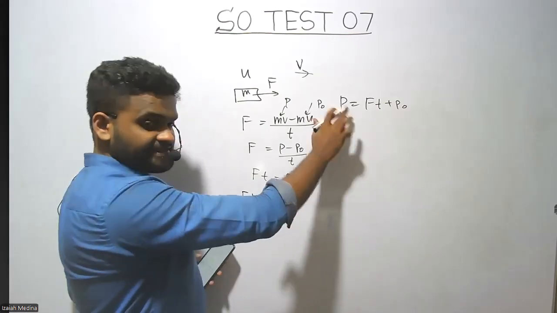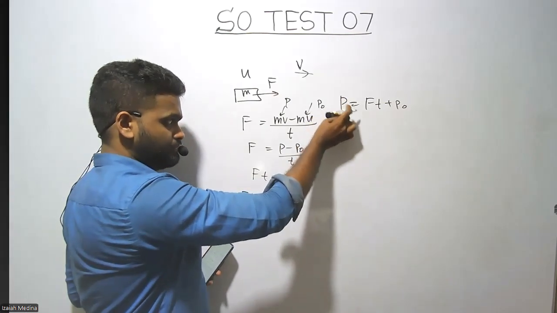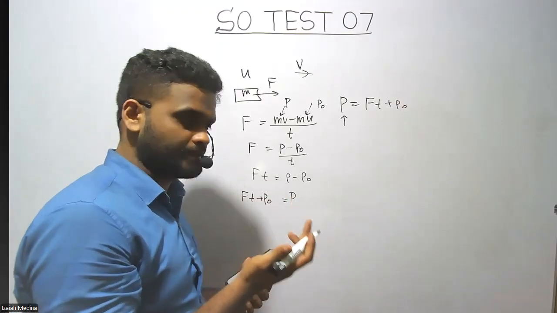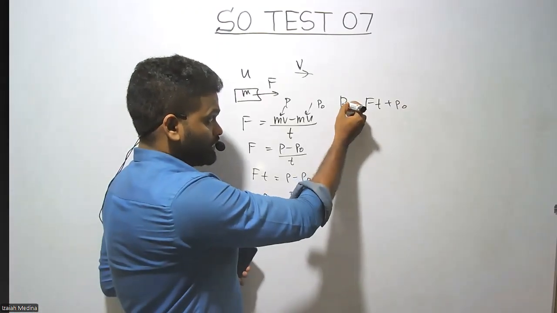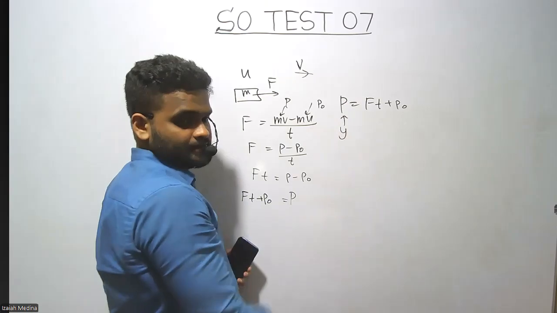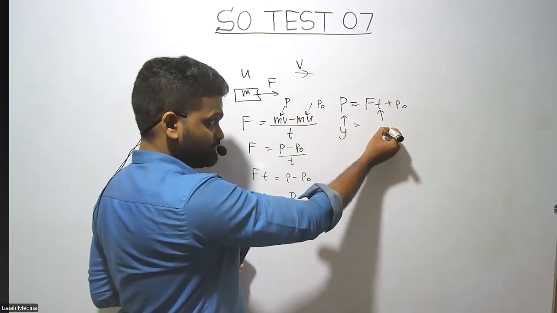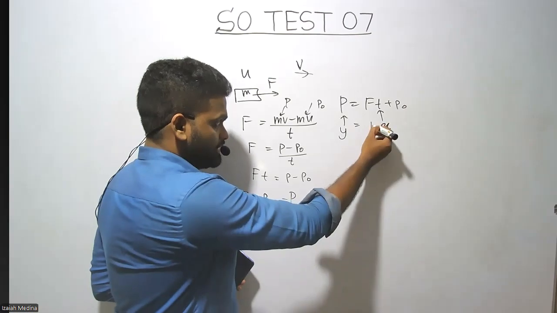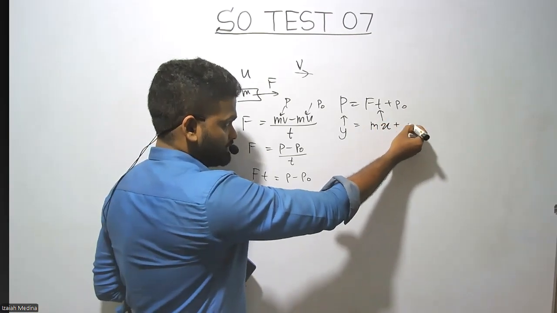Since they say p is the momentum of the object at a certain instant, p should be on the y-axis. Then time should be on the x-axis, as they say in the question. Then we have mx plus c.